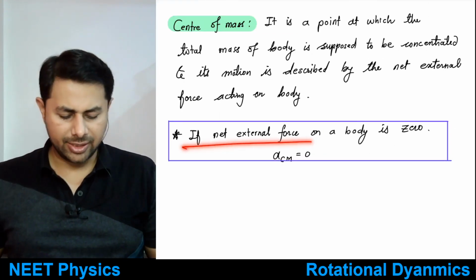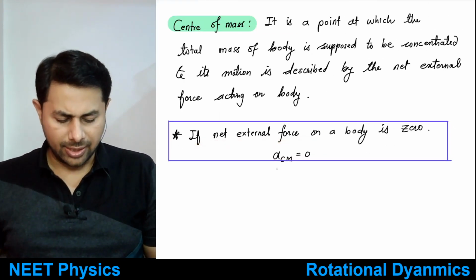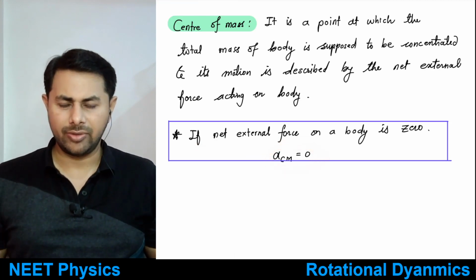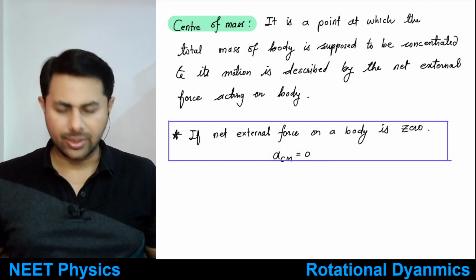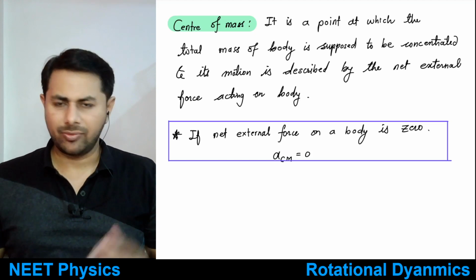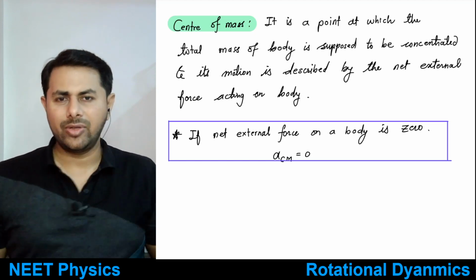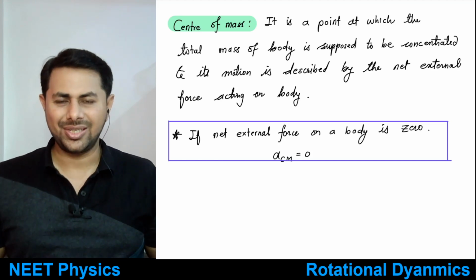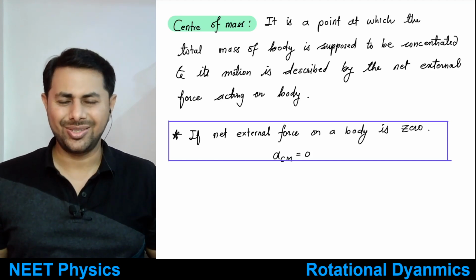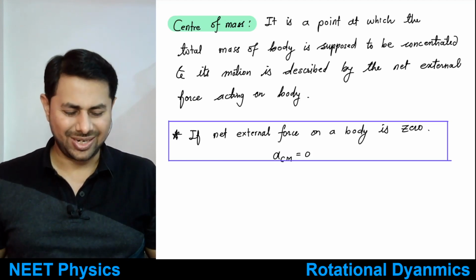If net external force acting on the body is 0, then acceleration of center of mass will remain 0. Okay, so if center of mass was at rest, it will remain at rest. If it was moving with some velocity, constant velocity, it will keep on moving with the constant velocity, right?